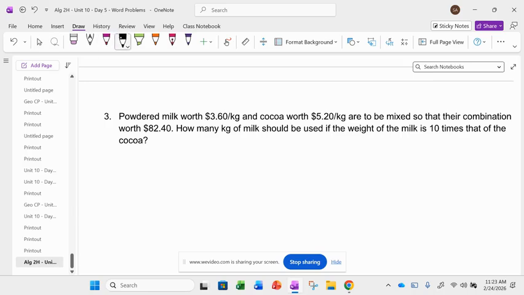All right, so I'm going to let X equal the weight of the milk, and we'll say Y equals the weight of the cocoa.